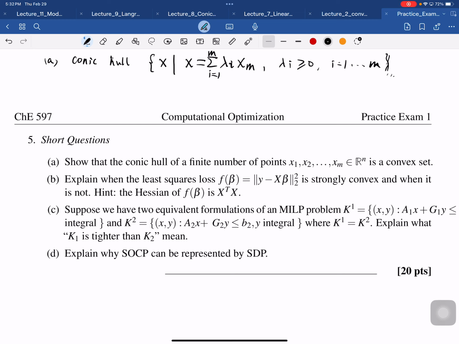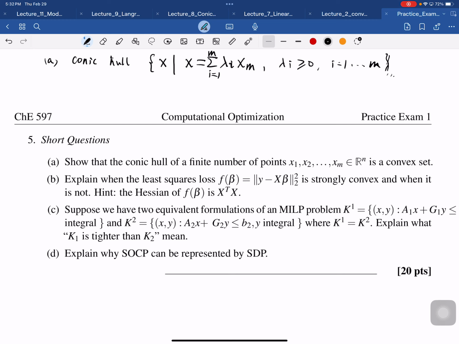So this is the definition of the conic hull of m points. It is like taking all the conic combinations of those finite points, and we want to show that the conic hull of any finite points is a convex set.